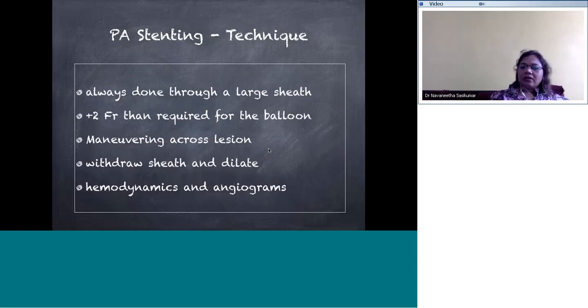So stenting is always done through a large sheath. You choose the sheath size, which is 2 French more than what is required by the balloon, and then you place the sheath across the lesion, and get your stent mounted, take the assembly in, and then you withdraw the sheath and expose the stent across the area where you have to stent, and then dilate, and then you repeat the hemodynamics and angiograms.